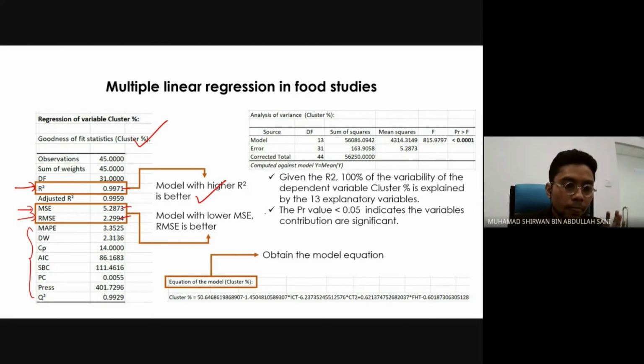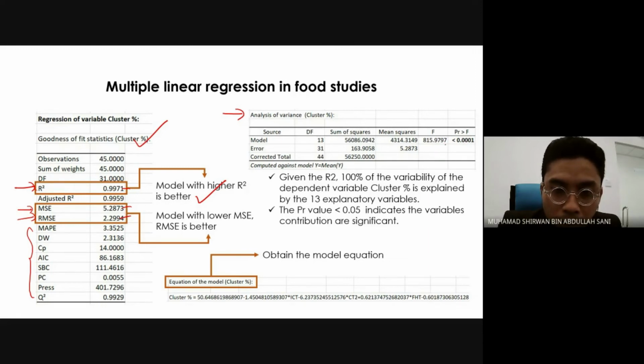Okay. Then you can also get a result of analysis of variance given by the MLR. Okay, so you can see dia kata kat sini, given the R square is 100%, the variability of the dependent variable is explained by the 13 explanatory variables. So you can see here lah.